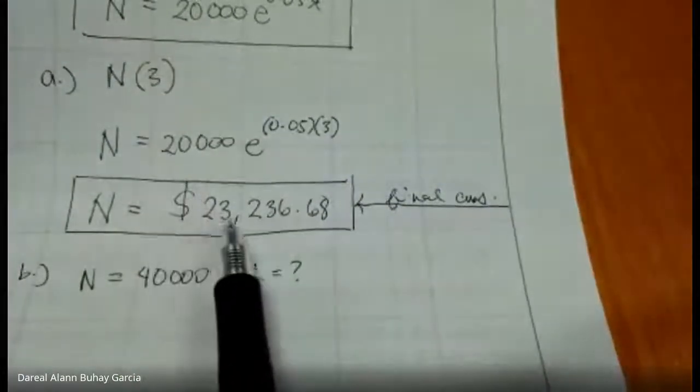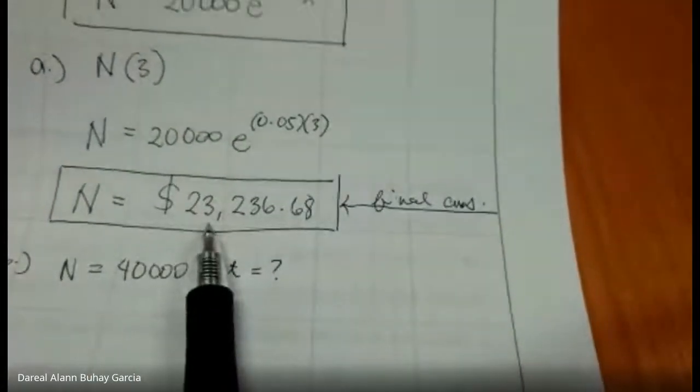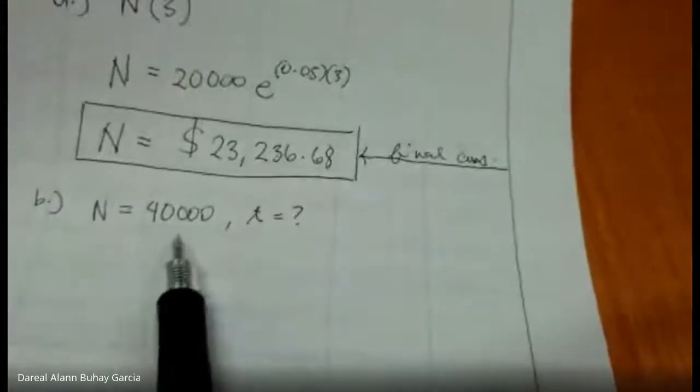So, ito i-solve. No? So, differential equation gapon. So, this would be 40,000 is equal to 20,000 e 0.05 t. Solve 40. So, as easy as shift solve.